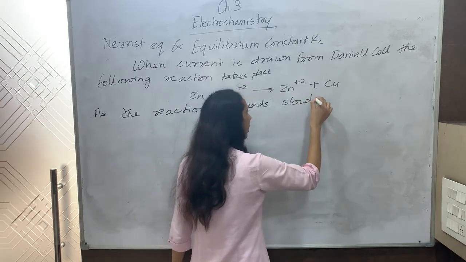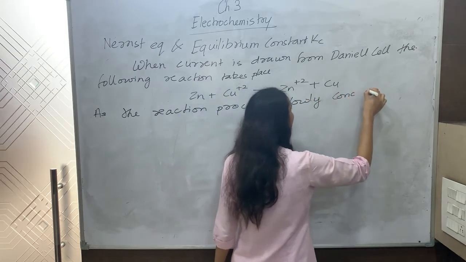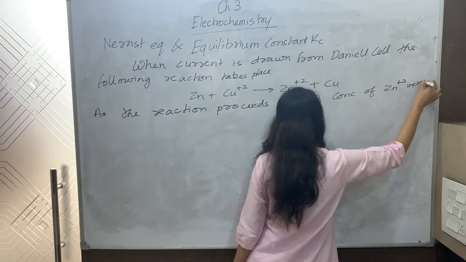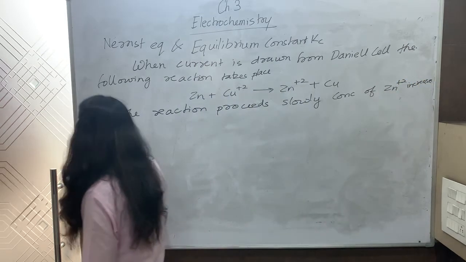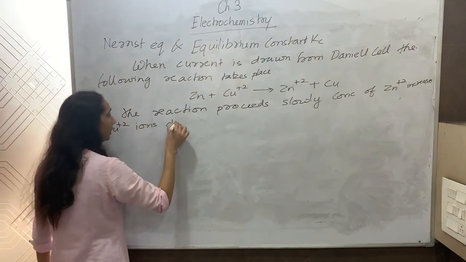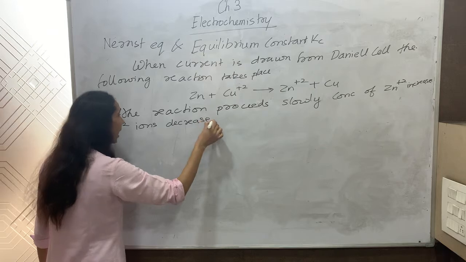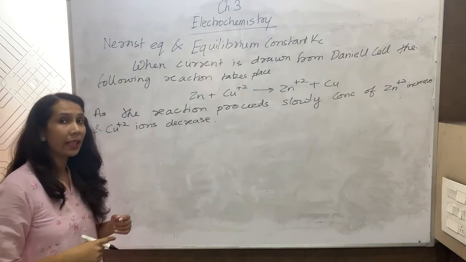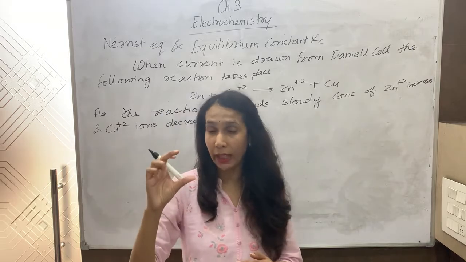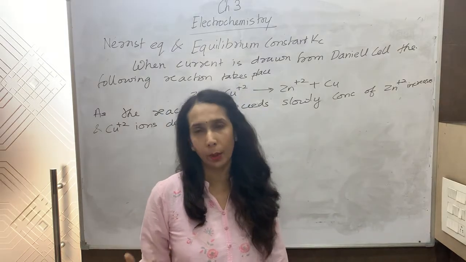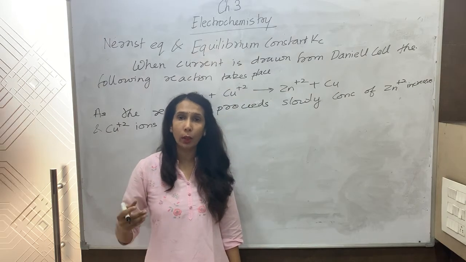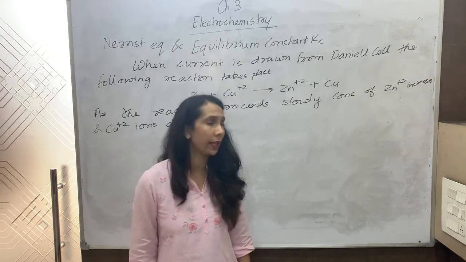And as the reaction proceeds, the cell potential, that means the voltage that your voltmeter reads, will go on decreasing, as with any cell in use.